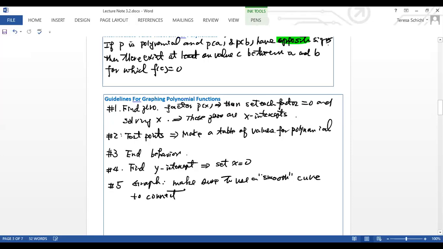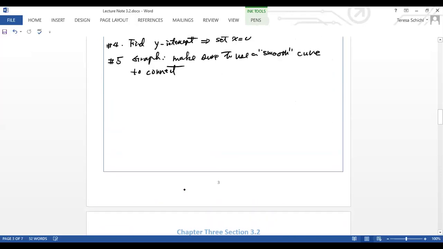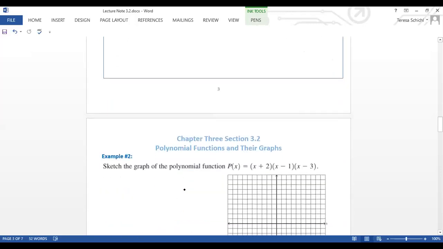Okay, now let's take a look here. Let's sketch the graph of the polynomial. This one is already factored for us, so it's easy. I set each factor equal to 0, and what x values do I get? They are -2, 1, and 3.